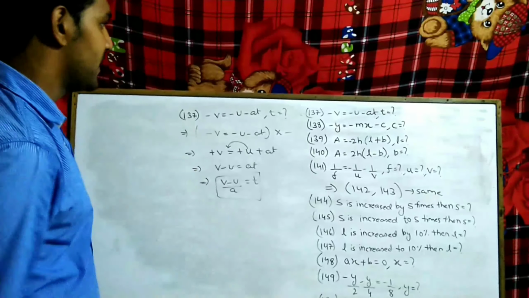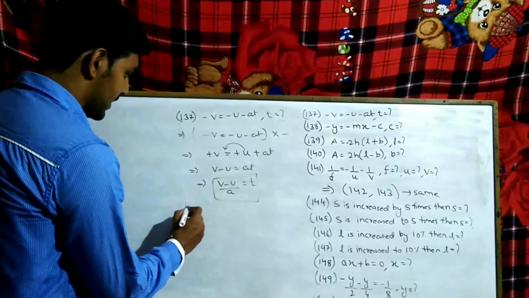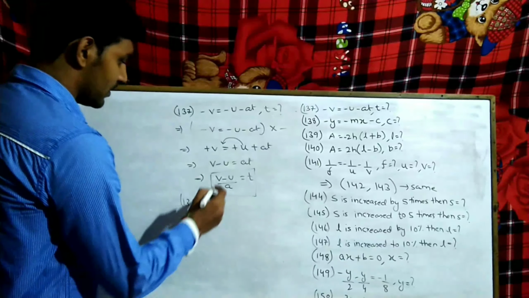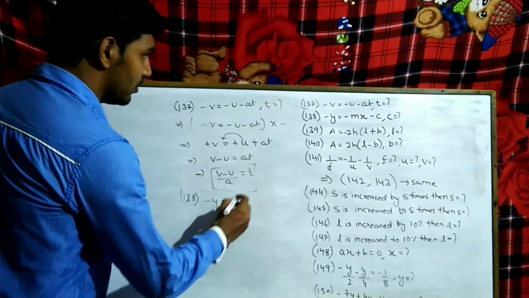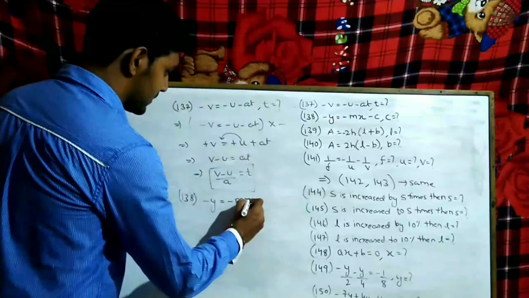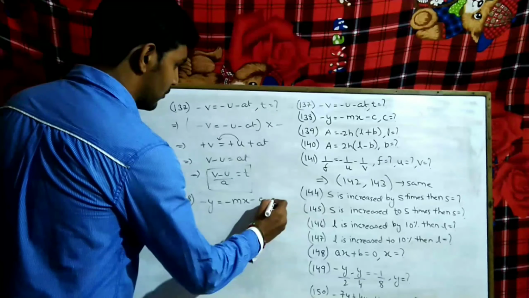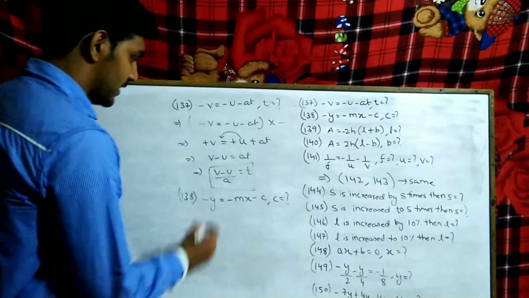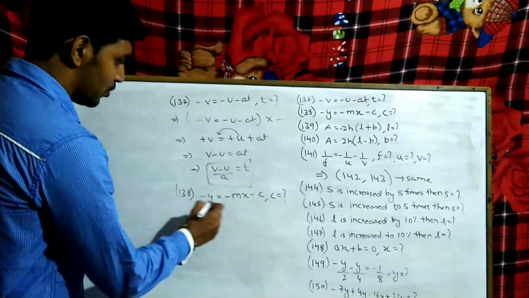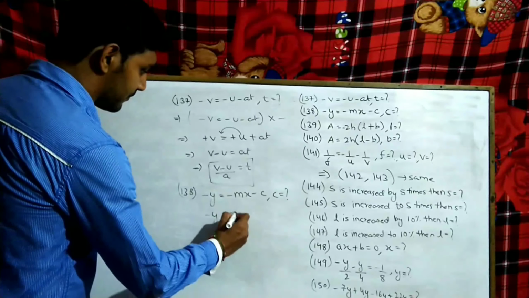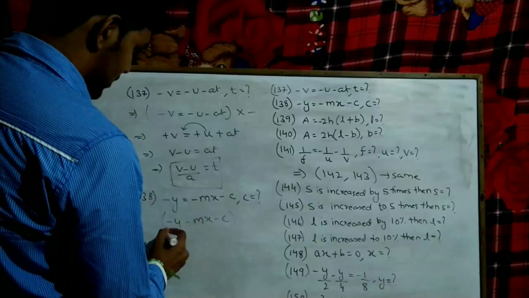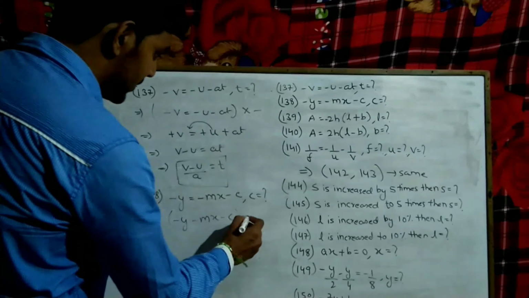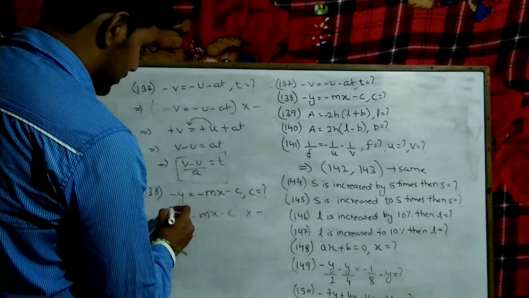Clear? Now let's take another problem, 138. 138 also same. Okay, same only. Minus y is equal to minus mx minus c. We have to find the c value. Say just multiply with the minus sign. Okay.